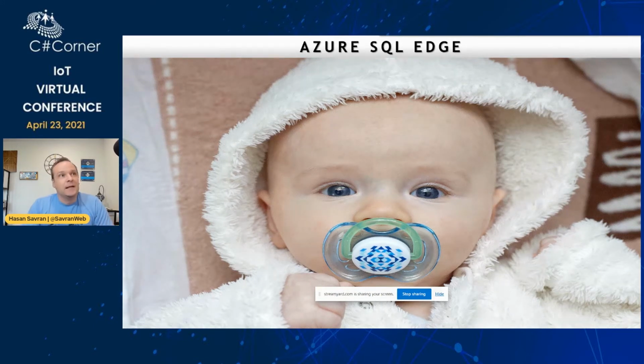What is good for a crying baby is a pacifier. A pacifier gives you some peace. It's very useful, and edge computing is kind of like that if you really think about it. The device works with less attention, and it keeps the device happy. It keeps you happy.